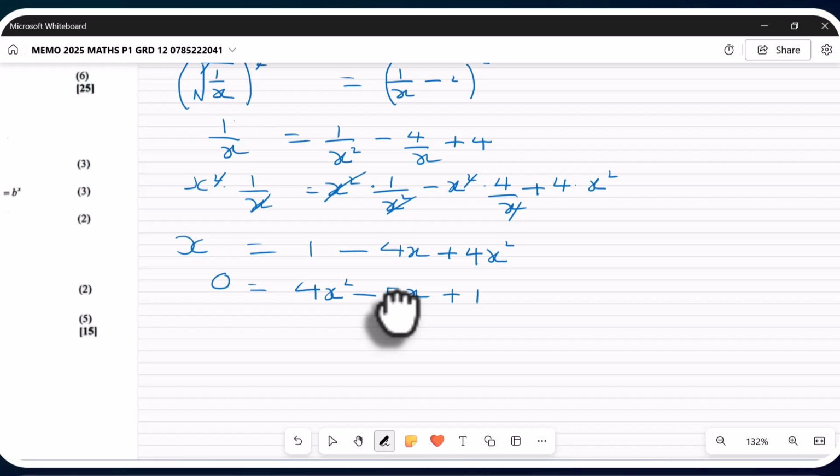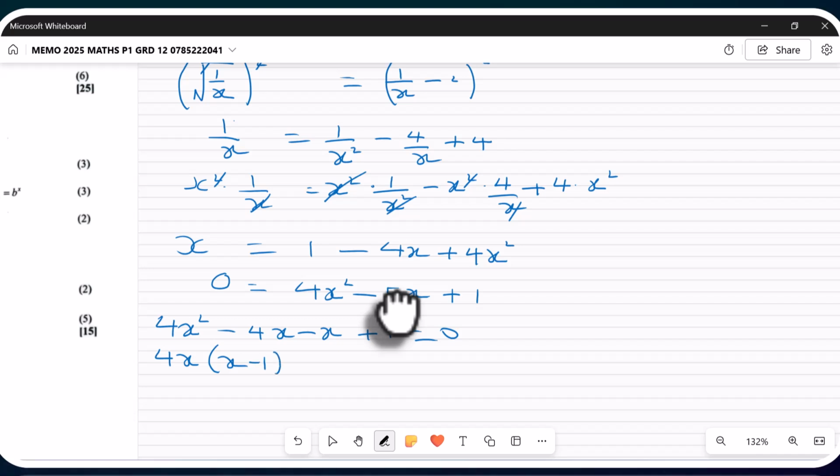Here 4x is a common factor, leaving x minus 1. And here, minus 1 into x minus 1 as well, equals 0. Now I have a common bracket, which is x minus 1, into 4x minus 1 equals 0.